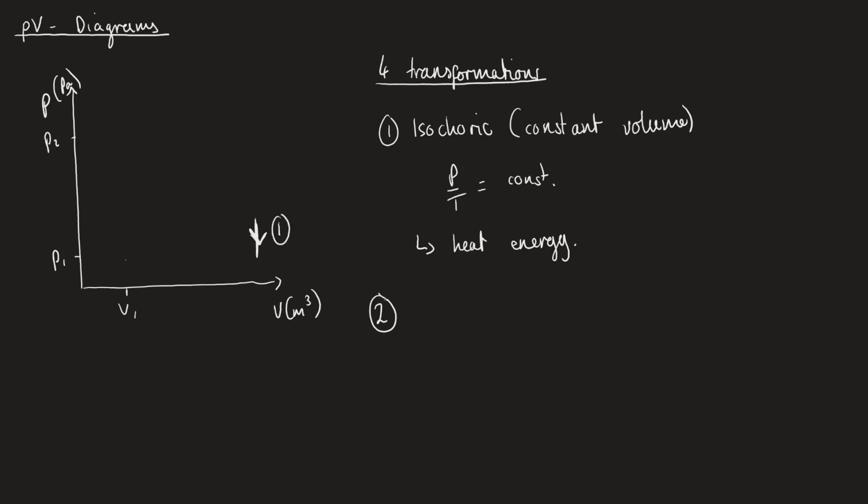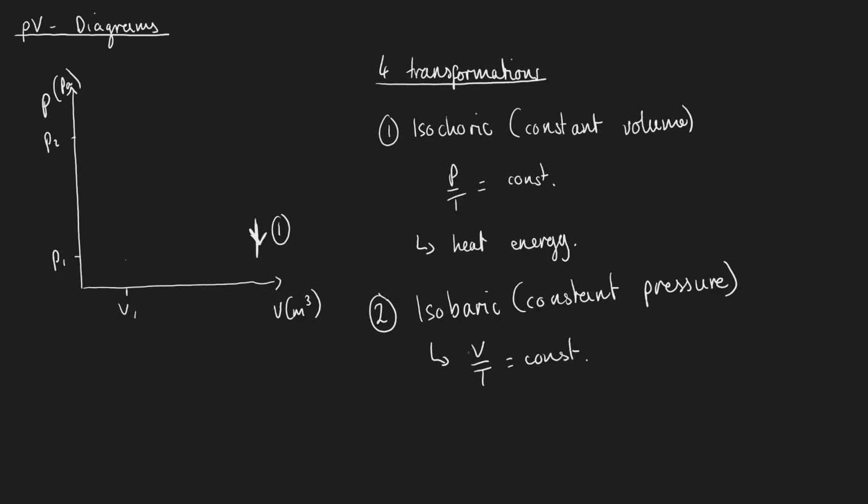Now the second kind of change that we can get is known as an isobaric change. Isobaric means constant pressure. We can hold the pressure constant and we can just change the volume and the temperature. And when we change the volume and the temperature, we know that they are directly proportional to each other.